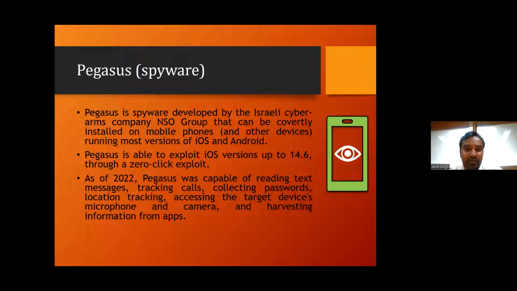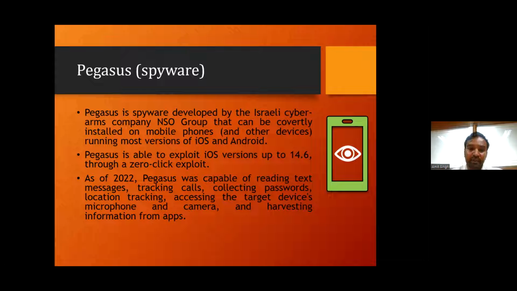So this software can be applied on both iOS and Android. Pegasus is able to exploit iOS versions up to 14.6 through a zero-click exploit. Zero-click means that the user doesn't have to open any attachment, nor does he need to click on any link or any type of link.